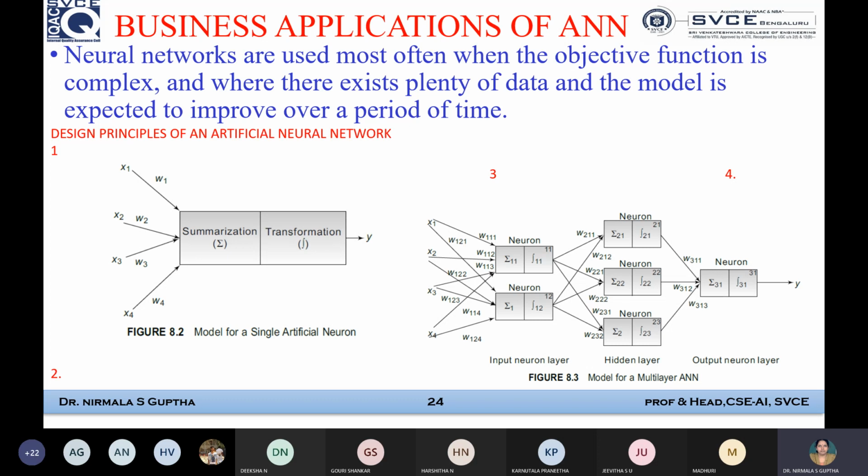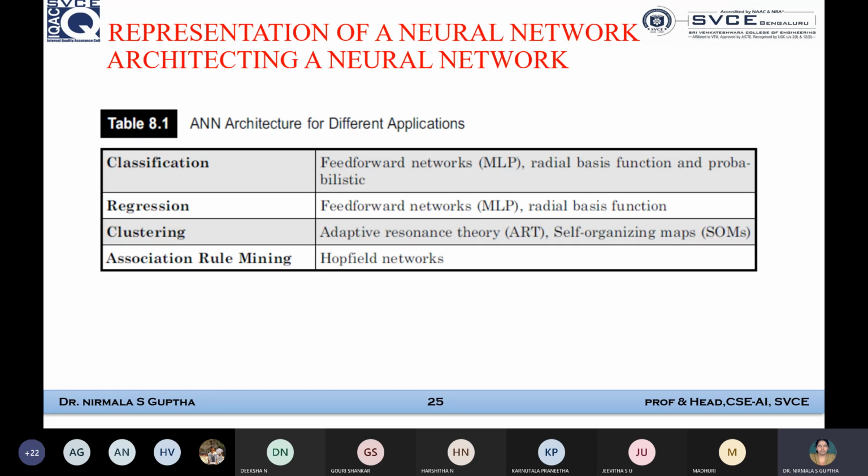So in that regard, the artificial neural network architectures can be used for different applications, which are given in a simple tabular format here. They can be used for classification applications, regression applications, clustering applications, and association rule mining. In classification, the feed forward network will be considered, along with radial basis function and probabilistic networks.